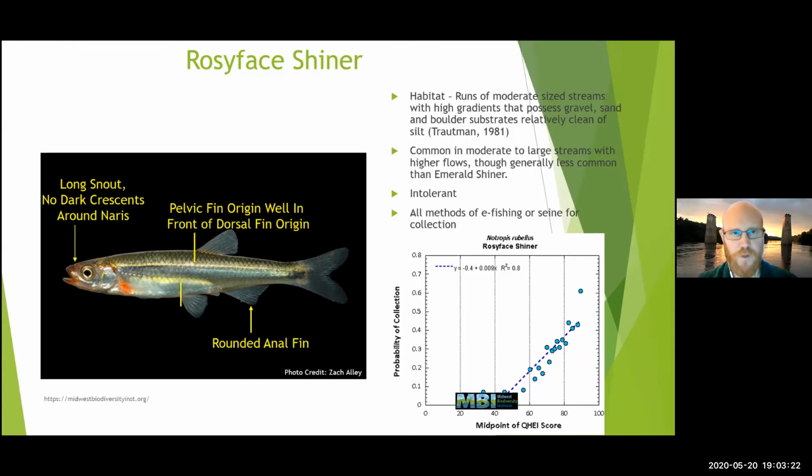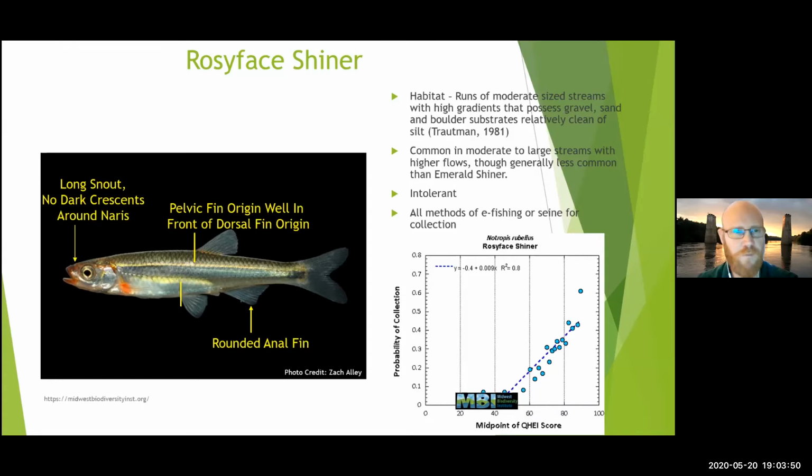The next species, the silver shiner, will have crescents around its nostrils, and it looks most similar to this rosyface. So rosyface won't have those crescents if you get into a place that has both, which is possible, because these guys inhabit similar spaces in the water as the silver shiner. They like runs with high gradients, gravel, sand, boulder, cobble. They don't like silt. They're pretty common where they are. They like to school together.